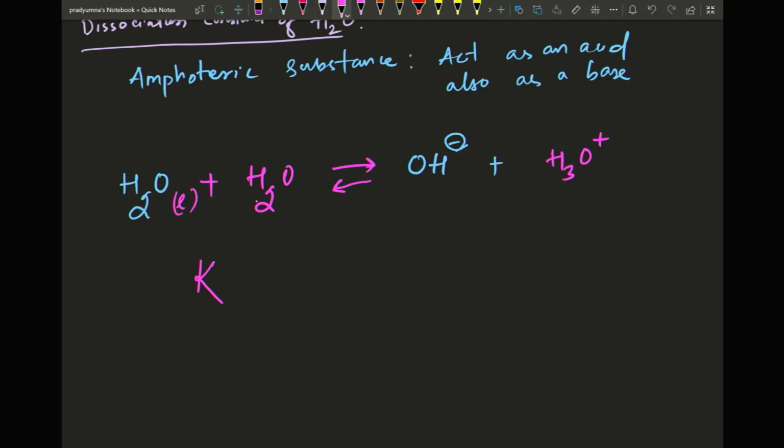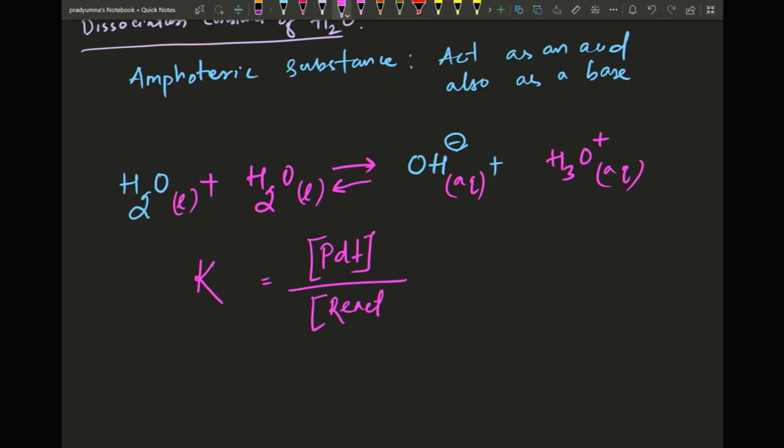This is liquid, this is liquid, this is aqueous, and this is aqueous. All right, so the equilibrium constant for this reaction would be the concentration of products divided by the concentration of reactants.